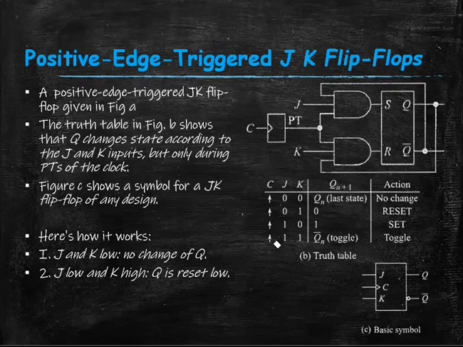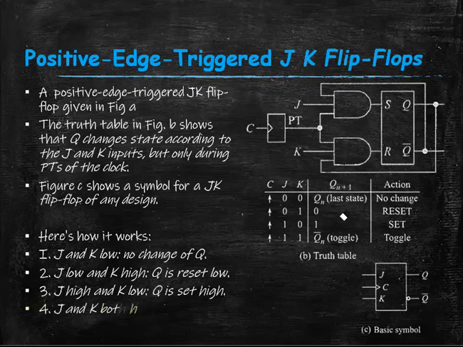When J is low and K is high, it is reset. When J is high and K is low, it is set. And when J and K both are high, Q toggles. It toggles to the opposite state.